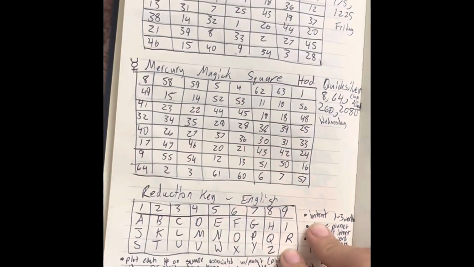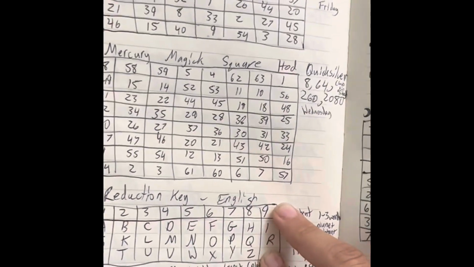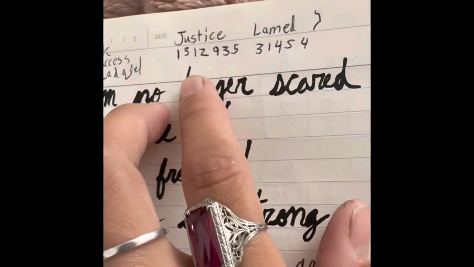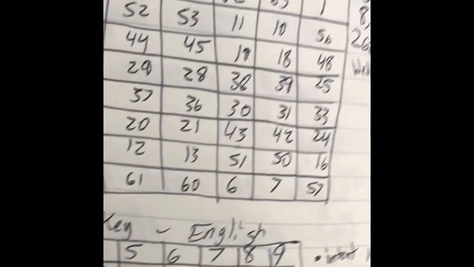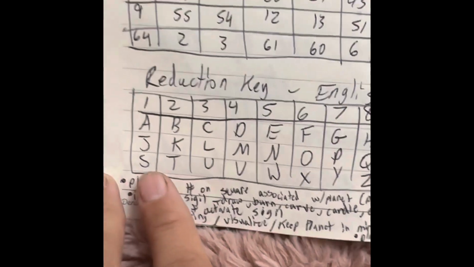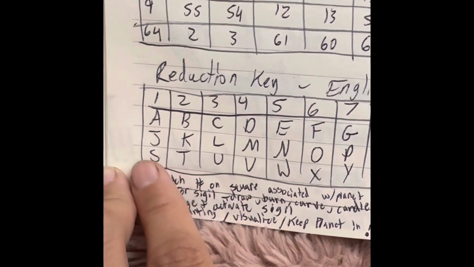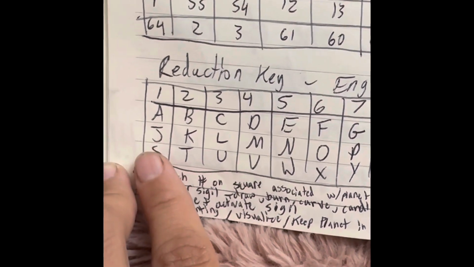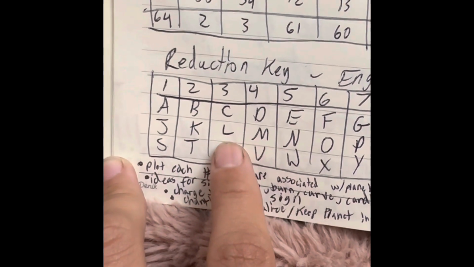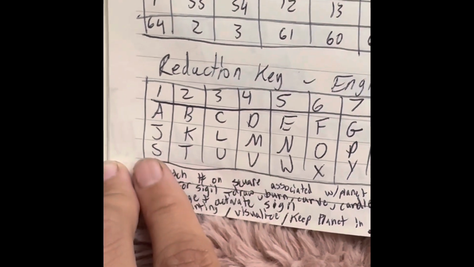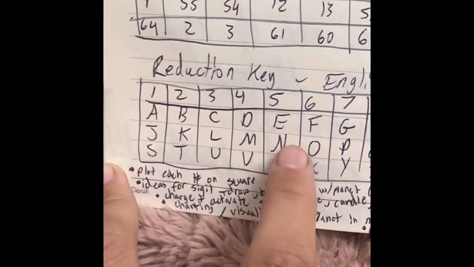What you would do is, oh, I have it here too. I wrote down justice, and then you use the reduction key. And so for justice, it's 1 for J, U, 3 for S, 1 again, T, 2, and then you basically go from there.